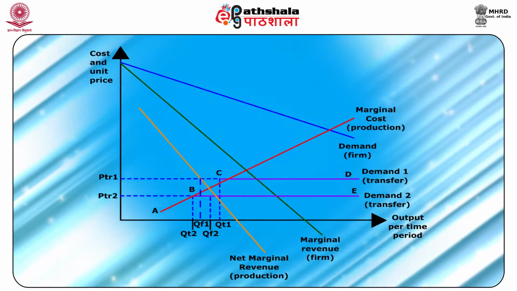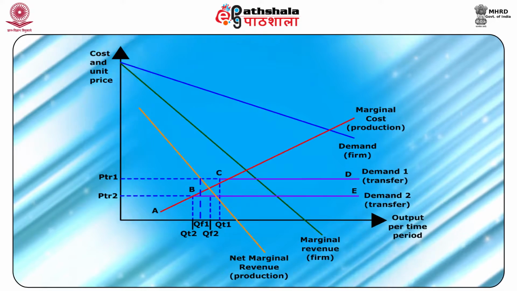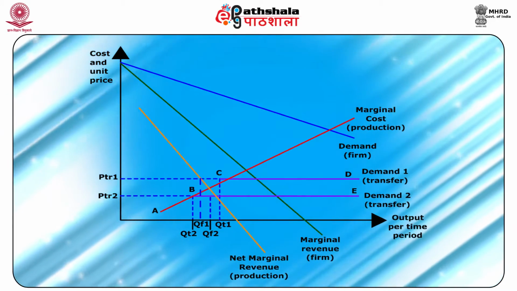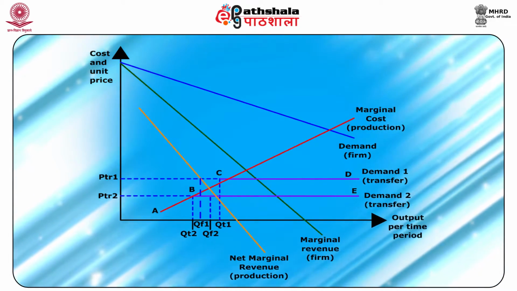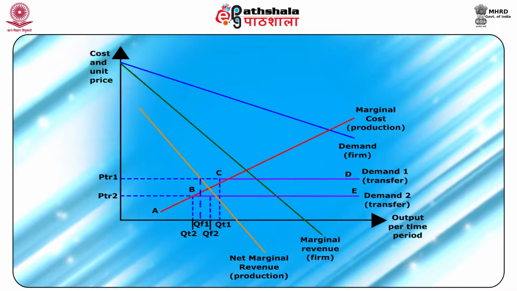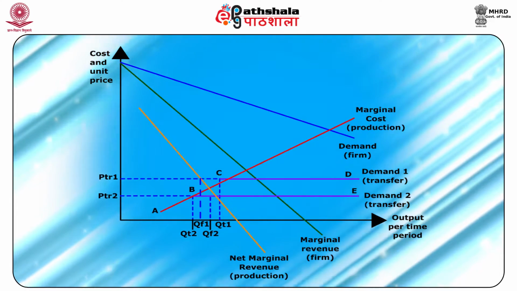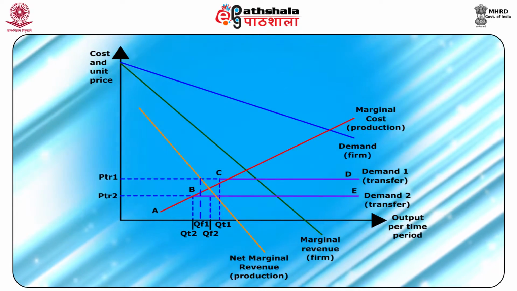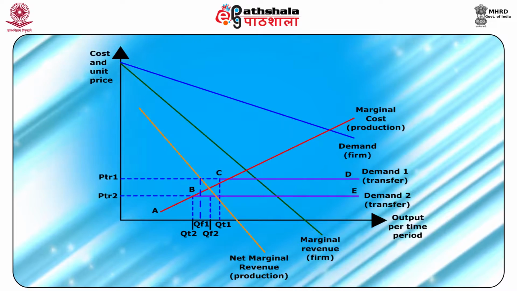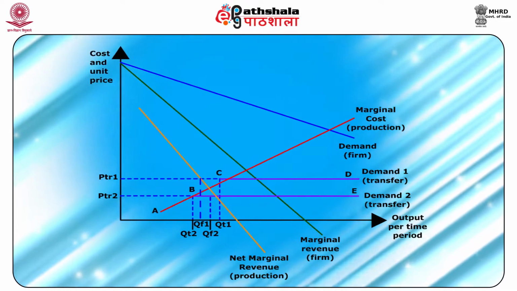Now let us consider what is happening. If the production division is able to sell the transferred good in a competitive market as well as internally, then both must operate where the marginal cost equals marginal revenue for profit to be maximized.